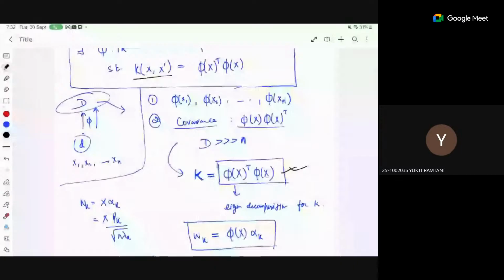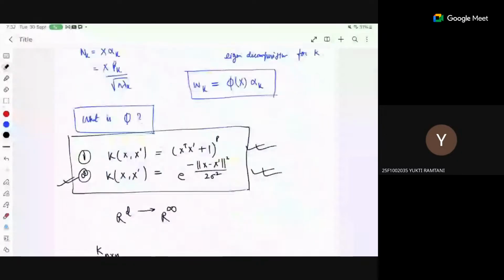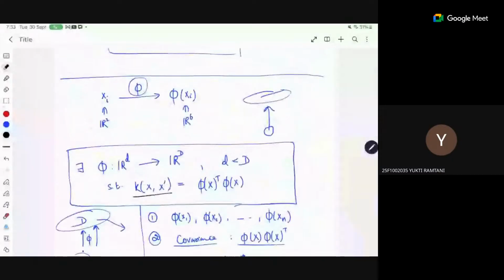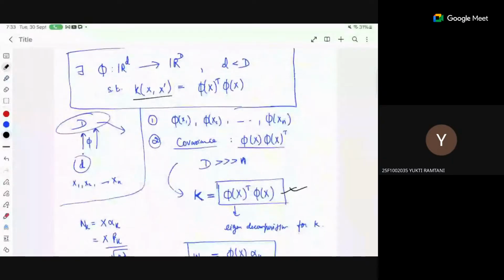We use this mapping phi to move to the higher dimension. It takes any data point from the lower dimension to the higher dimension, and then we do the PCA in the higher dimension and find the important directions from there. That's why phi of x transpose phi of x came in.